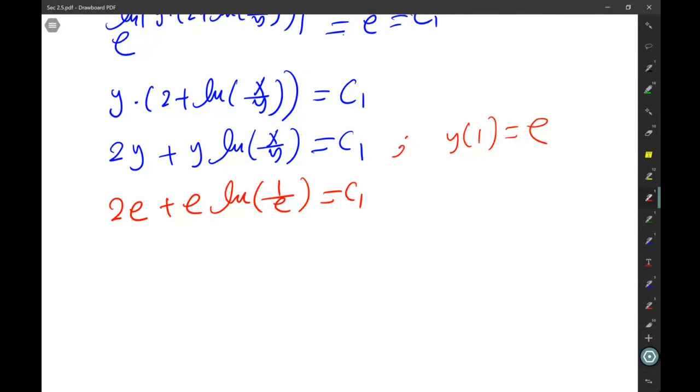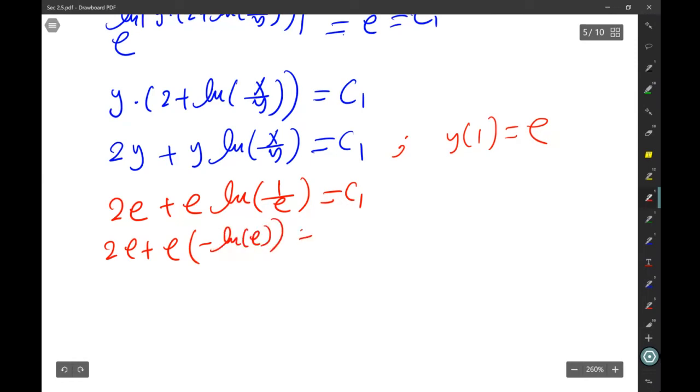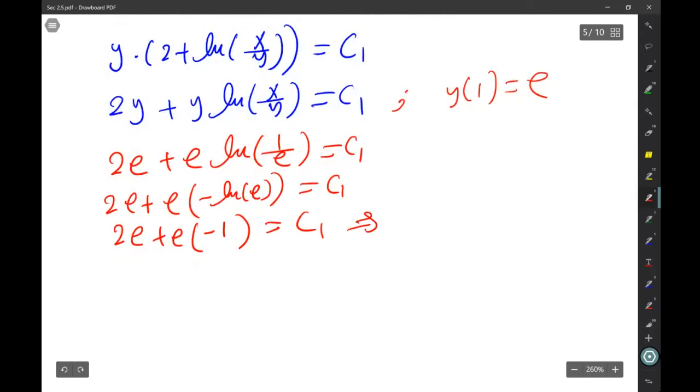Now, 2e plus e times ln of 1 by e, which is minus ln of e. ln of e is equal to 1, so that becomes 2e plus e times minus 1 is equal to c1, of course. Therefore here 2e minus e is equal to c1.